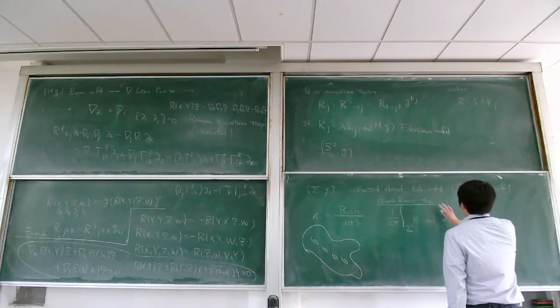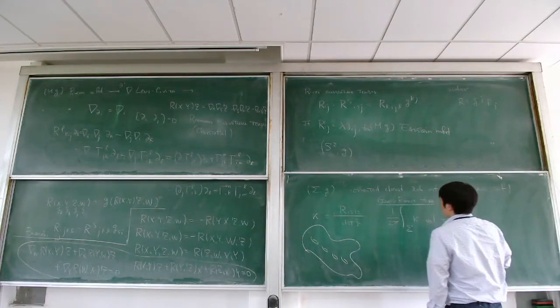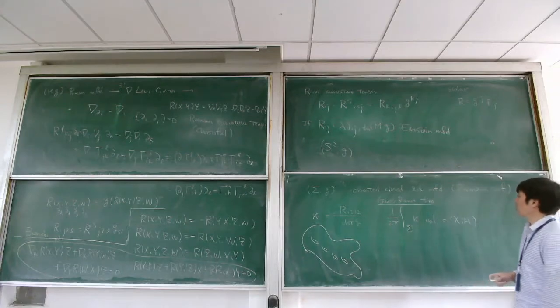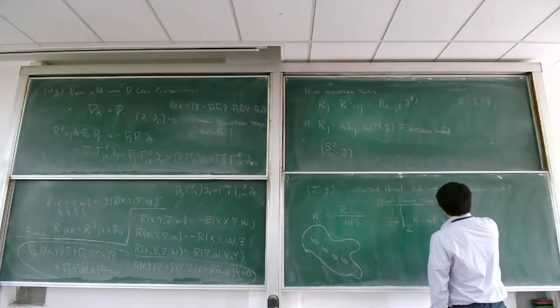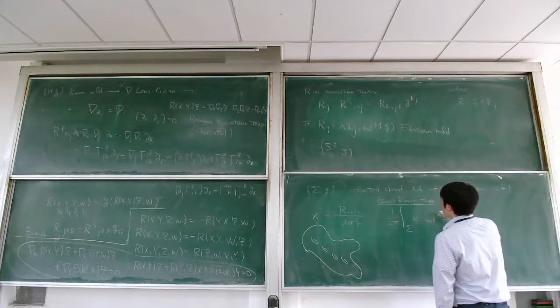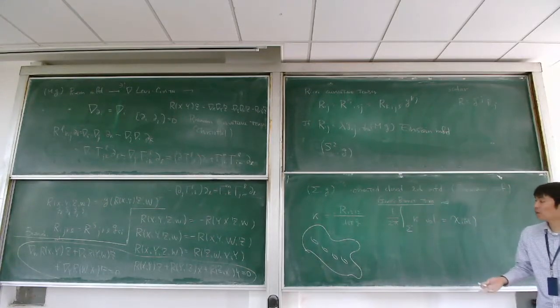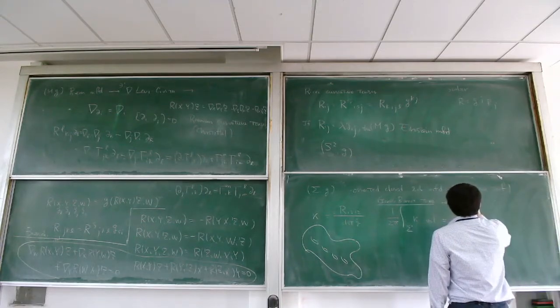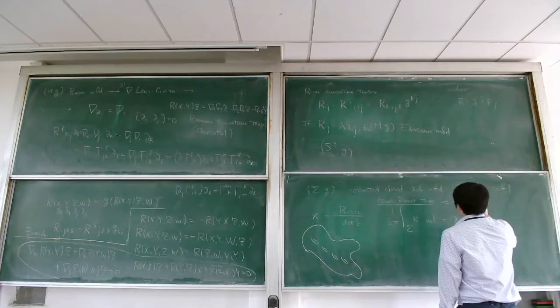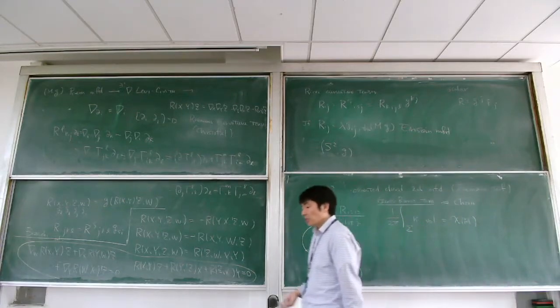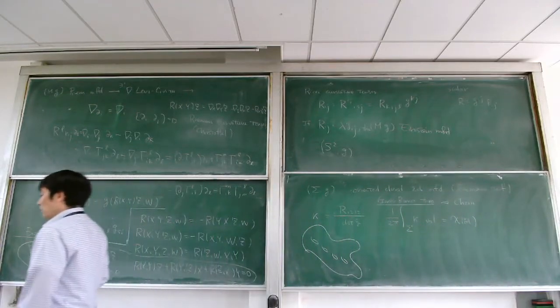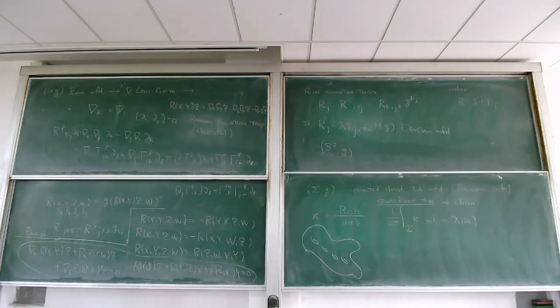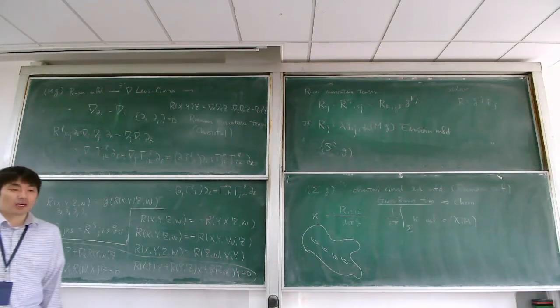That's a very deep theorem. Anyway, this was first found by Gauss, and Bonnet formulated it using curvature. Then Chern tried to understand the higher-dimensional version of the Gauss-Bonnet Theorem.